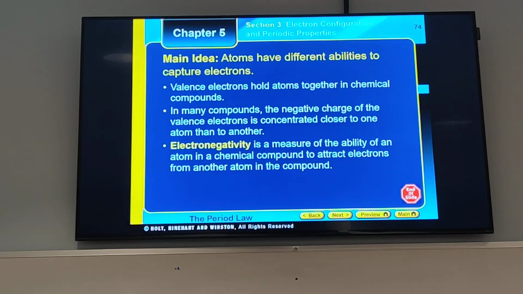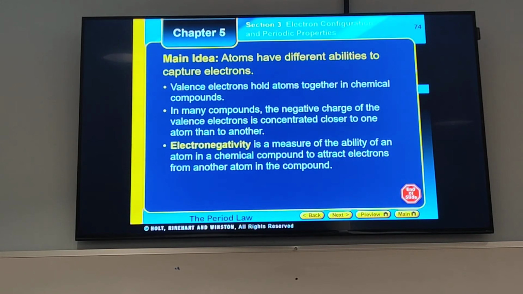Where do you find the highest electronegativity on the periodic table? Where do you find the highest number? Isn't it in the upper right-hand corner? Isn't it like fluorine has the highest?